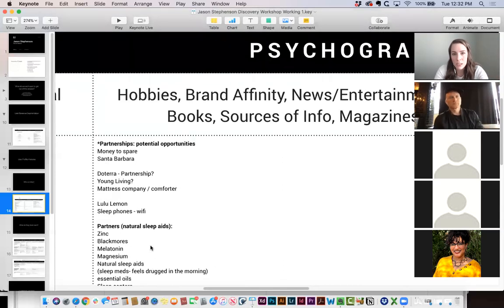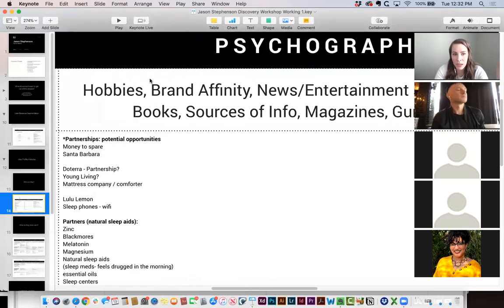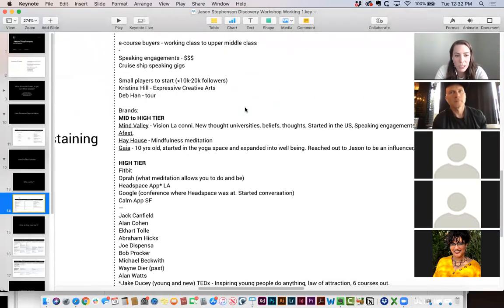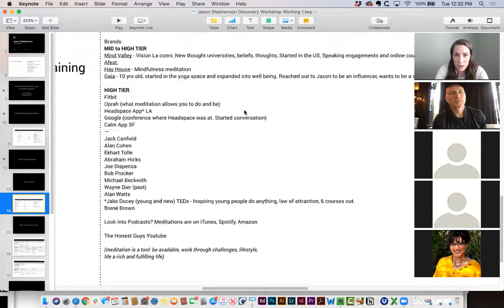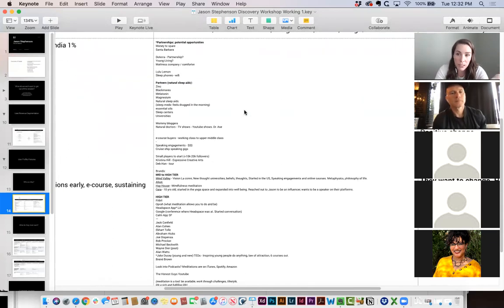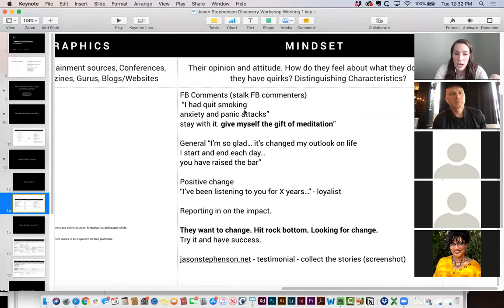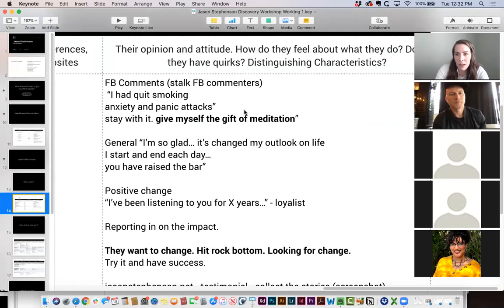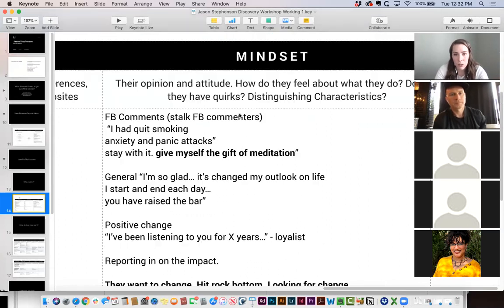So you're using this not just to outline exactly what it says on here, but you're using this again to process the information, to come up with ideas, to talk over things with them. And you're going to get better and better at this the more that you do it. And again, I really like asking, what's their mindset? Are they happy? Are they sad? Are they frustrated? Again, what are their quirks?